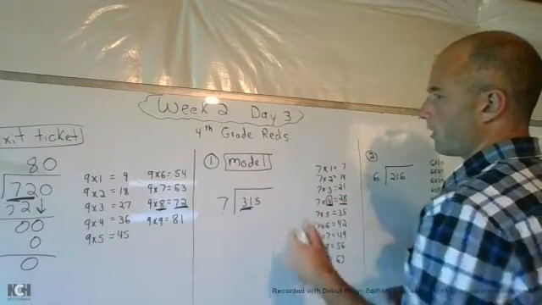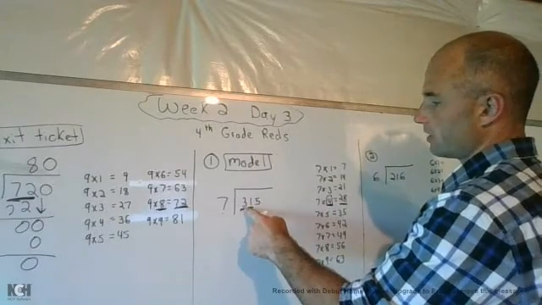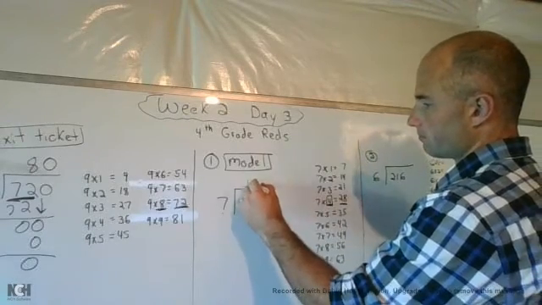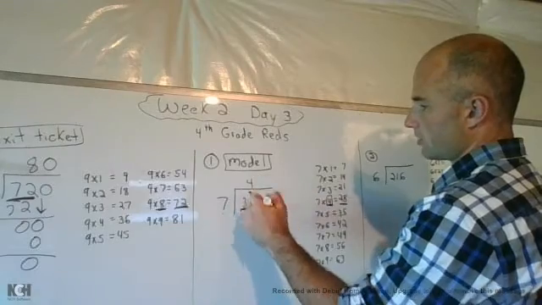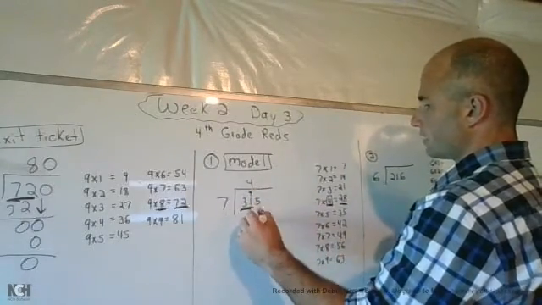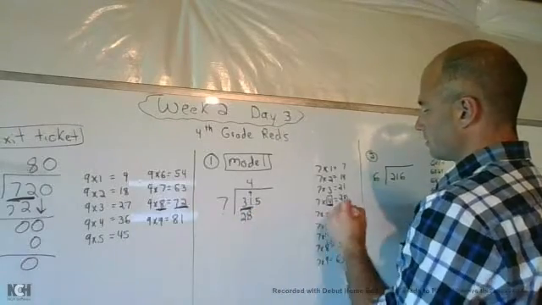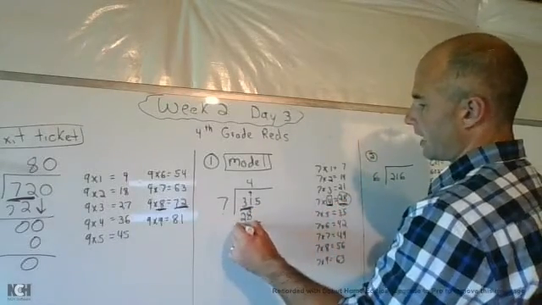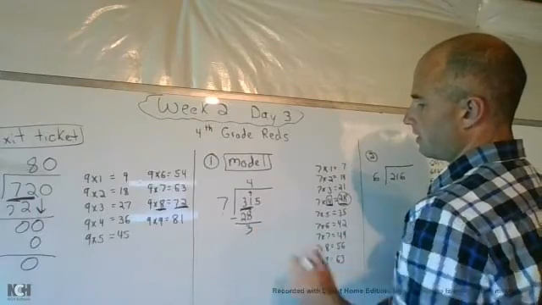I'll put the 4 where? Not above the 3, but above the 1, showing it goes into 31. 4 times 7 equals 28. Subtract, you get 3.